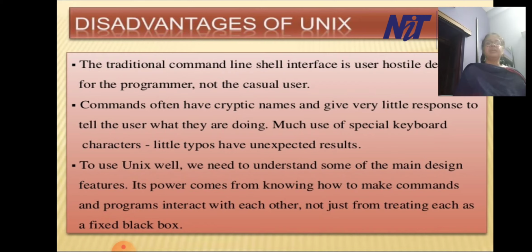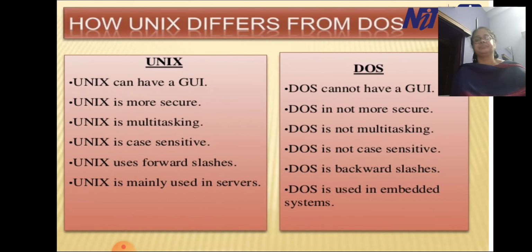Using the operating system to its full potential requires learning the Unix shell commands. To use Unix well, we need to understand some of the main design features. Its power comes from knowing how to make commands and programs interact with each other, not just from treating each as a fixed black box.